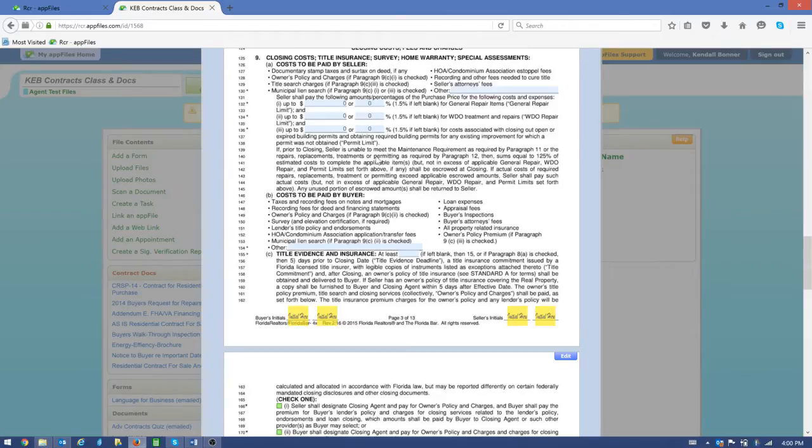We don't think there's really going to be any issues. But just in case there are issues, we want options, right? And we don't want the contract to die at the end of the inspection period. We want time to work that out. So the way paragraph 9 and 12 work together is, let's say there's a roof repair needed or requested for $1,000.